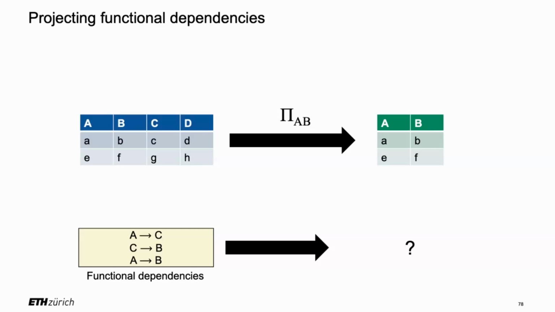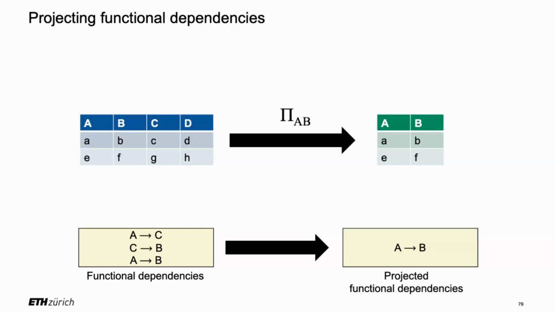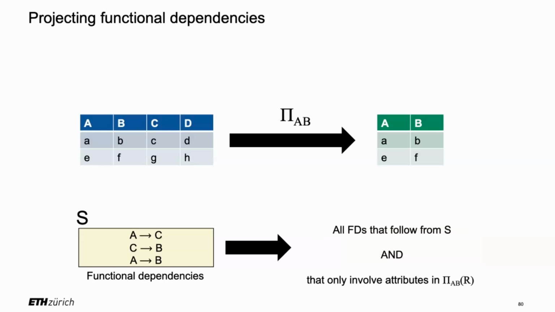I did the easy one. There is one that is easy. Yes? No, actually, there's only one. Sorry. Yeah. That A implies B. Exactly. A gives you B. You see that the other ones, A gives you C and C gives you B, so C is not there. You could still combine them with the transitivity rule, but you still get the same one. So you basically get A gives you B. All right, so that's the projected set of dependencies.